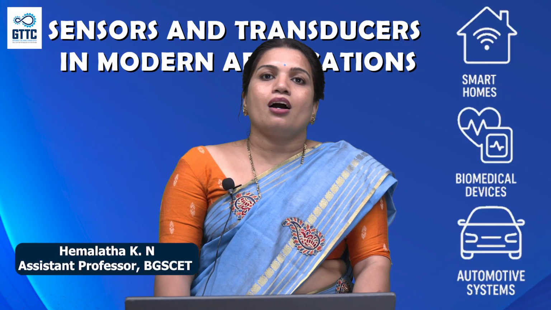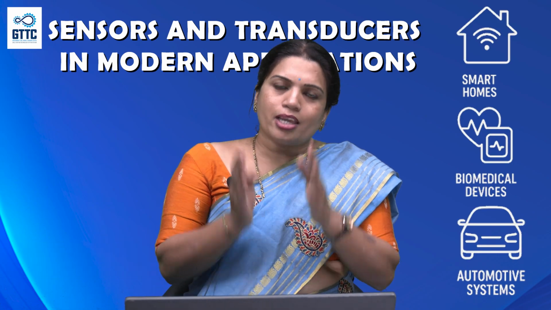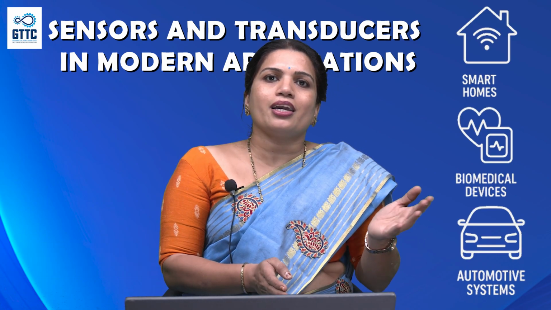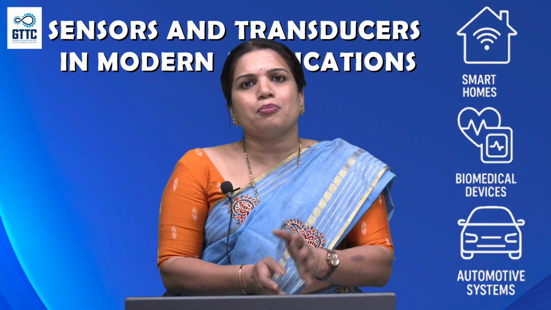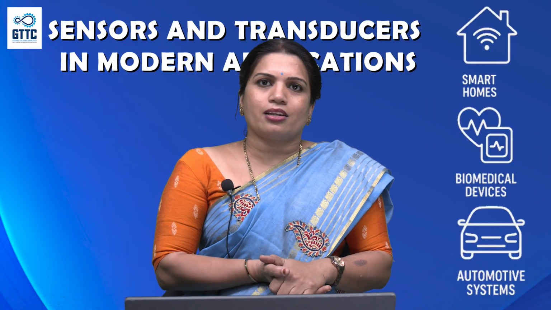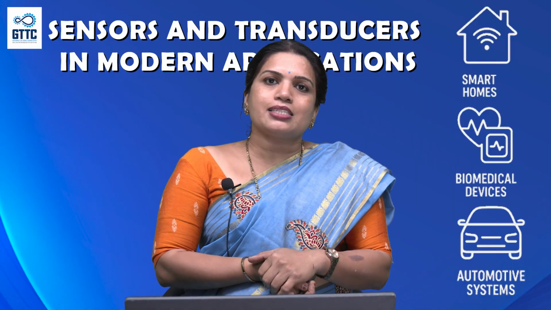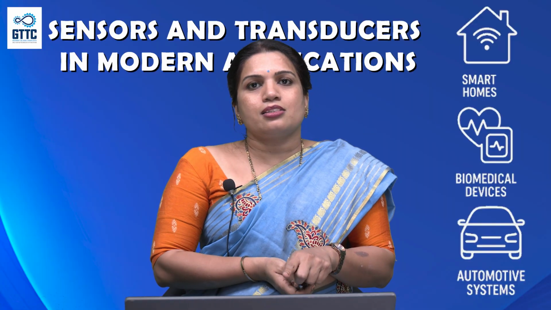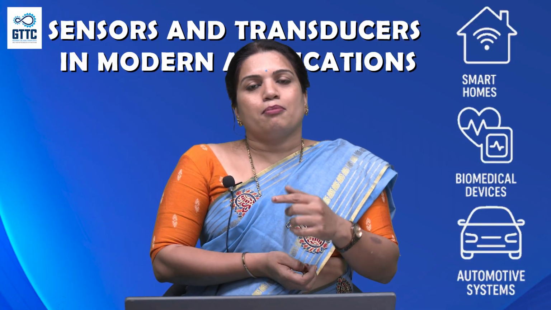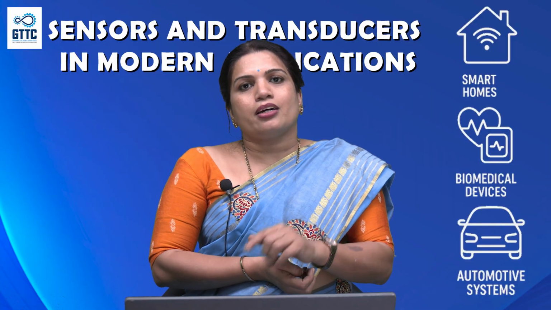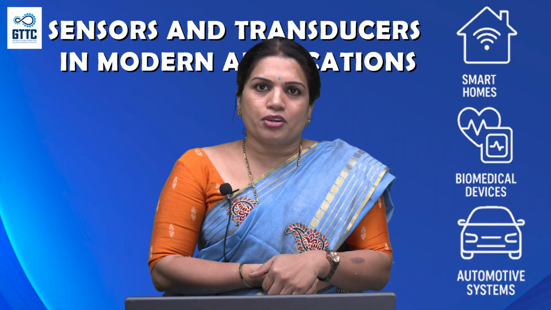The second one, ultrasonic sensors. The same type of working what is going for the IR sensors, we are using the same here in the ultrasonic sensor. But there we are using IR rays to send the waves, but here we are using the ultrasound waves.